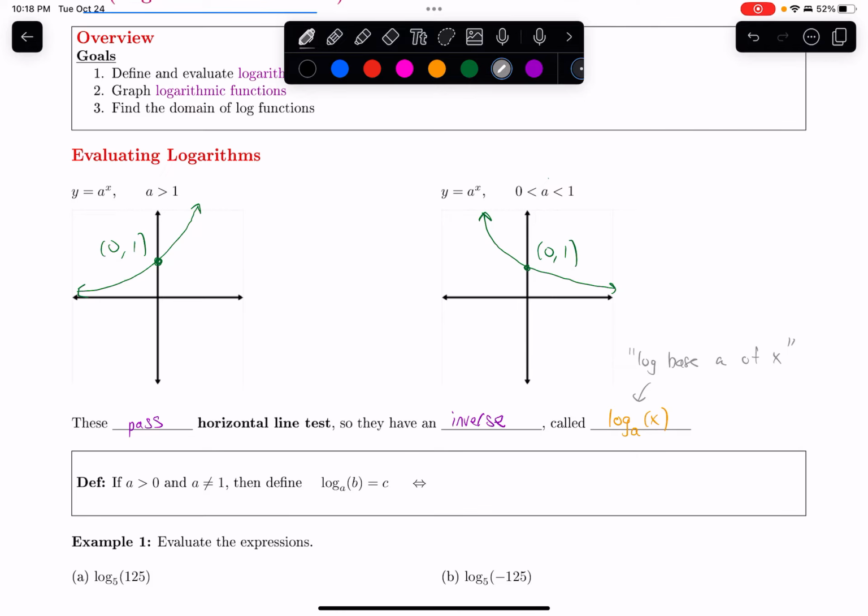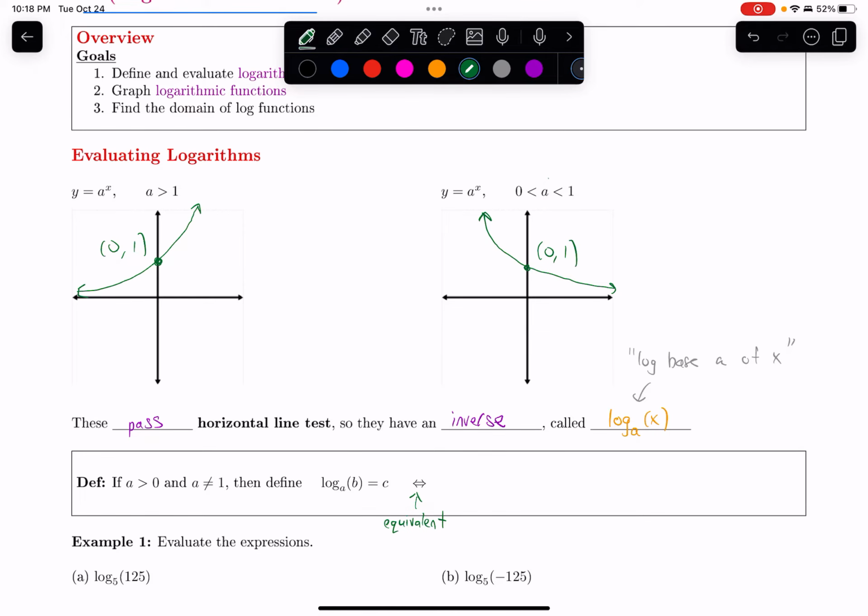If the base that I'm working with is positive, and as long as it's not equal to 1, then we are going to define a log function, log base a. When I say log base a of b equals c, what does that mean? This double-sided arrow means equivalent, so we're about to write a statement that is equivalent to this.